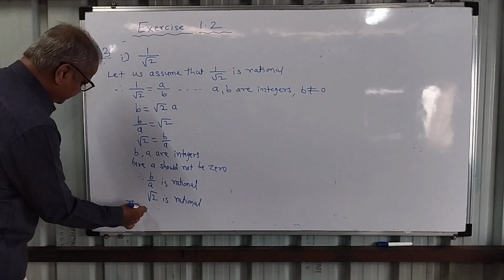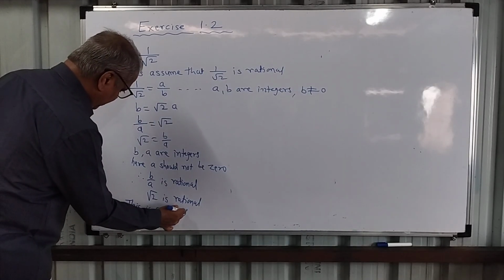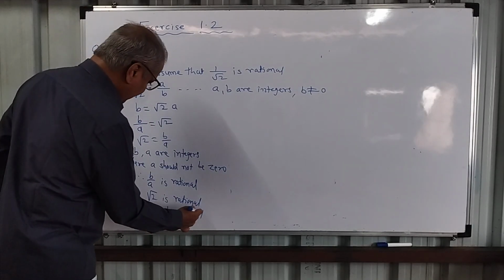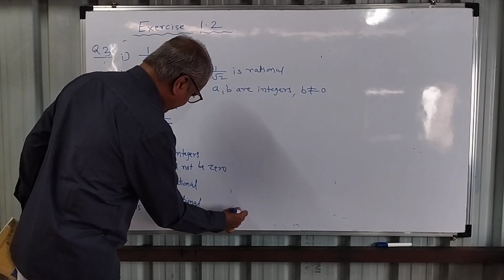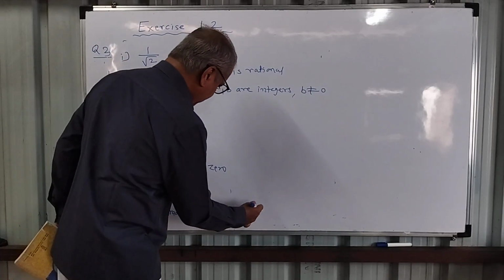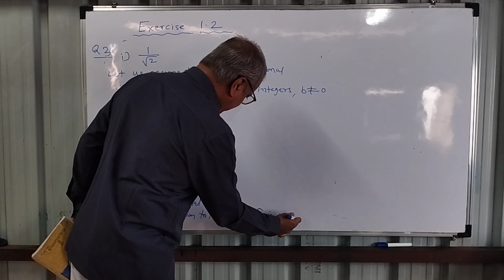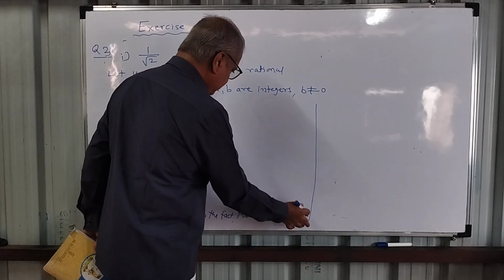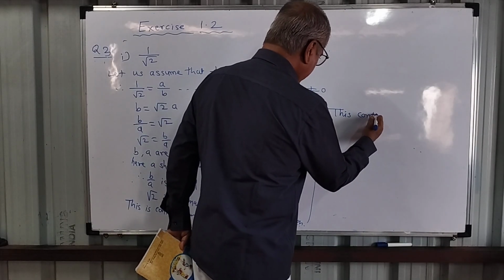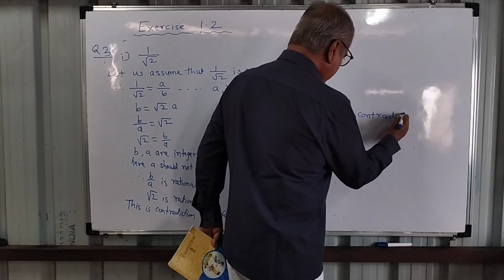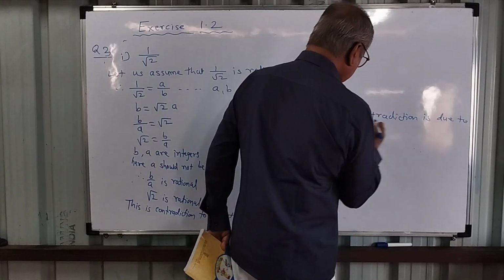This is a contradiction to the fact that root 2 is irrational. This contradiction is due to our assumption.